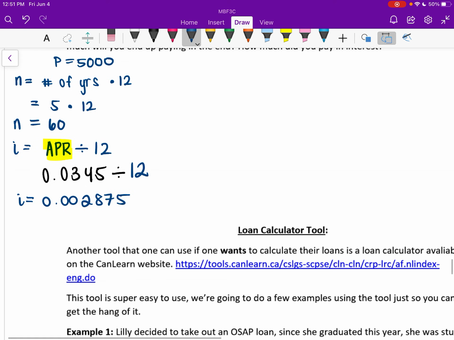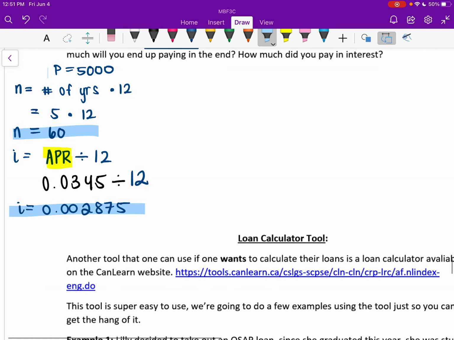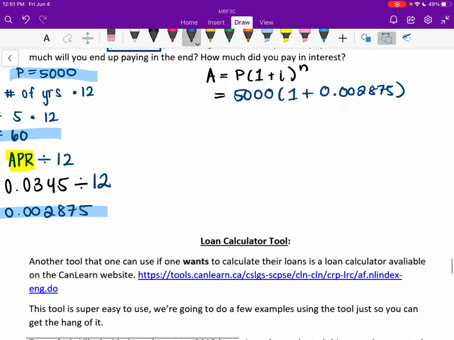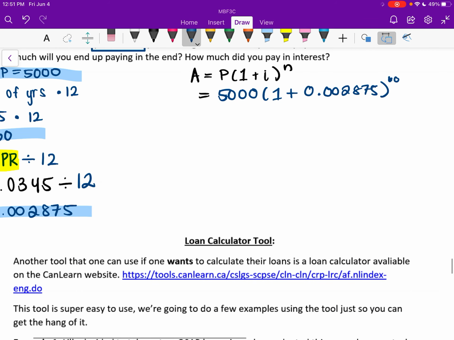So I have my N, I have my I, I have my P, right? And now I'm just going to plug it into the equation. So A is equal to P times (1 plus I) to the power of N. I'm just going to plug in what I know. I have 5,000, 1 plus I is 0.002875, to the power of N, which was 60.